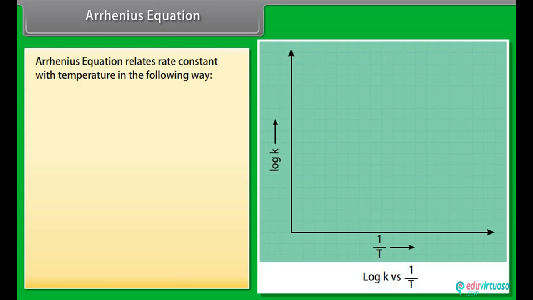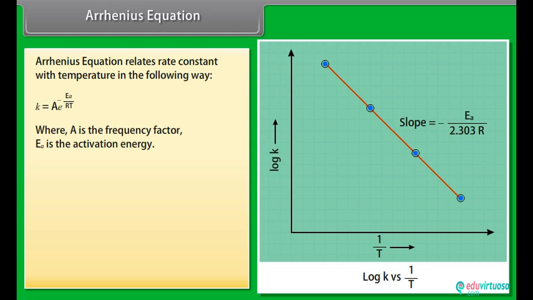Arrhenius equation. The Arrhenius equation relates rate constant with temperature as k is equal to the product of A and e raised to the power minus Ea upon RT, where A is the frequency factor and Ea is the activation energy.